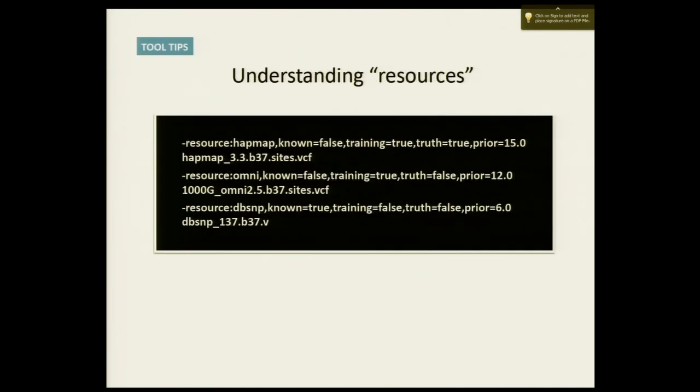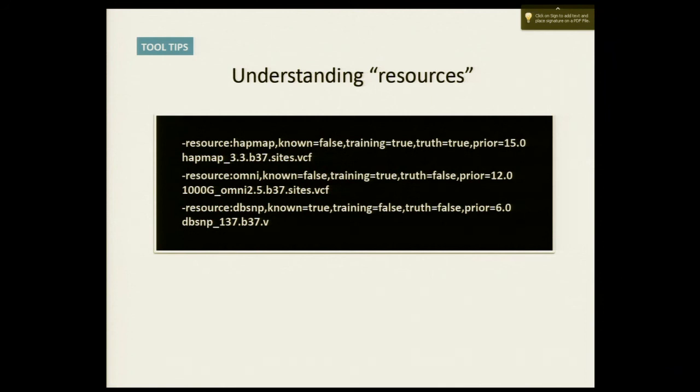Ah, good. Very detail oriented. Okay, so here we go. We have the resources. We specified known, training, and truth. And then there's this final thing, which is the prior. Like everything, it's a Bayesian inference procedure, and we are evaluating evidence for positive or for negative.